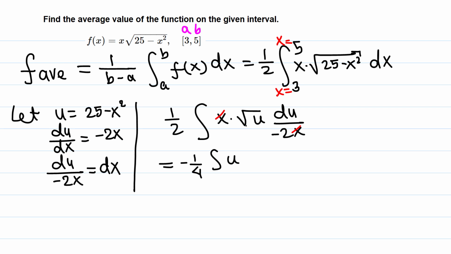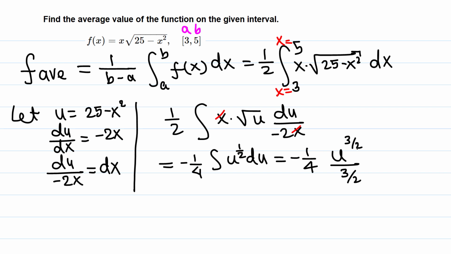Inside is u, and the square root of u is the same as u raised to 1/2. Now we can use the power rule to integrate. Negative 1/4 times u raised to 1/2 plus 1, divided by the same thing. Now when we integrate, the integral sign is gone, and du is also gone.